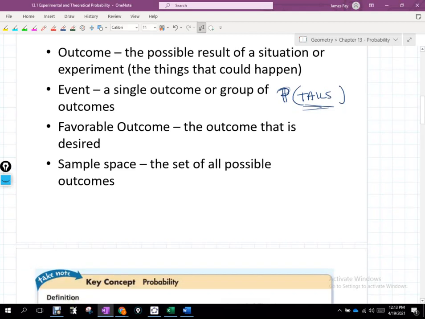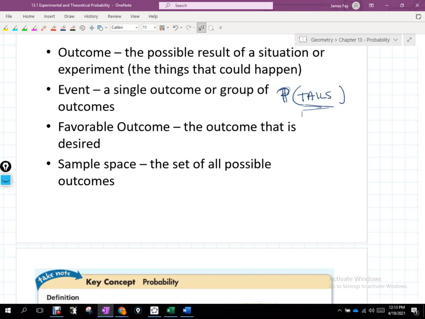Favorable outcome, that's the outcome that is desired. Favorable outcome is the outcome that is desired. Maybe it's the outcome of interest. So maybe if we have everybody in this class and I ask, what's the probability that I randomly choose somebody, so I close my eyes and pick a name out of a hat, what's the probability that they are left-handed?